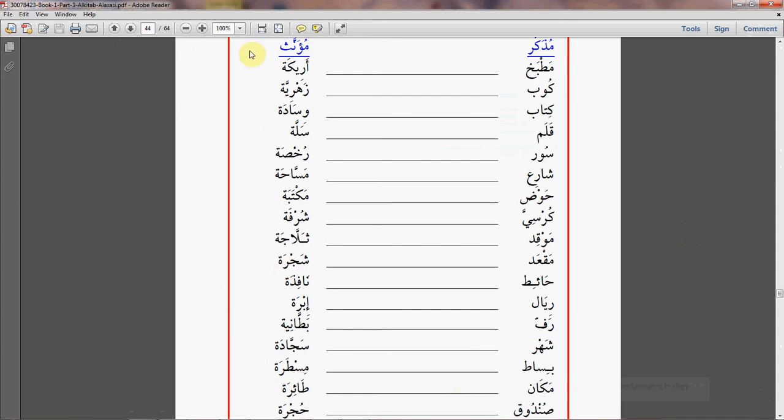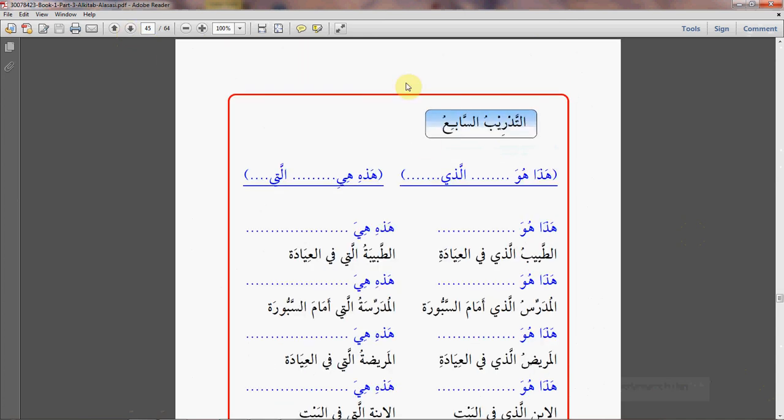Okay, you notice the ta marbuta everywhere in all the feminine vocabulary. Now exercise 4.